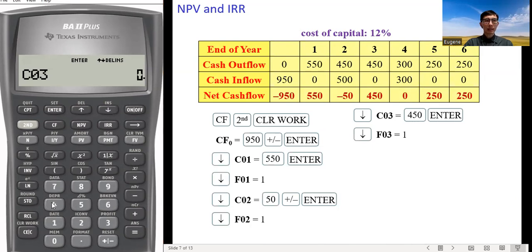So enter this as C03, 450. Enter. And then F03 is 1. The next cash flow amount is 0. We still need to enter this. Do not skip that. Okay, enter 0 for C04 and a frequency of 1 as well.